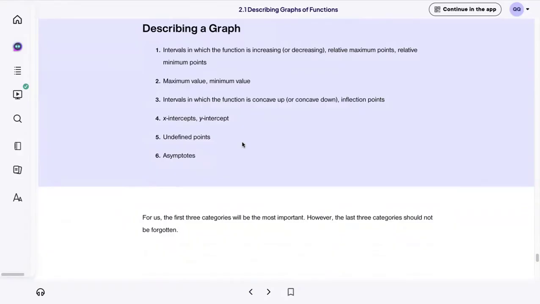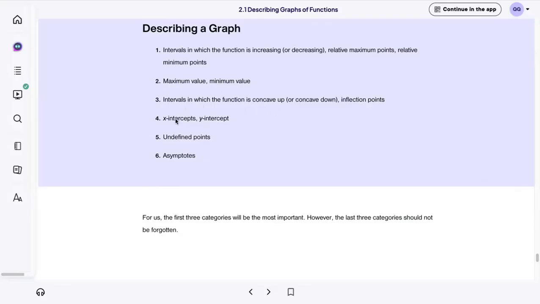So how do we describe the graph of a function? We can talk about the intervals in which the function is increasing or decreasing, talk about the relative maximum points, relative minimum points, those critical points. We can talk about the maximum value and minimum value, meaning the function value. We can talk about the intervals in which the function is concave up or concave down, and talk about the inflection points.